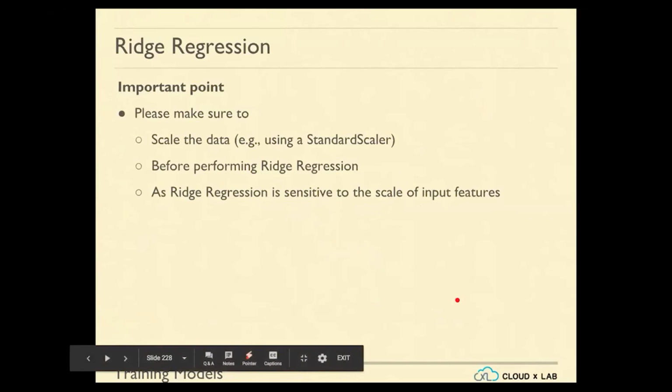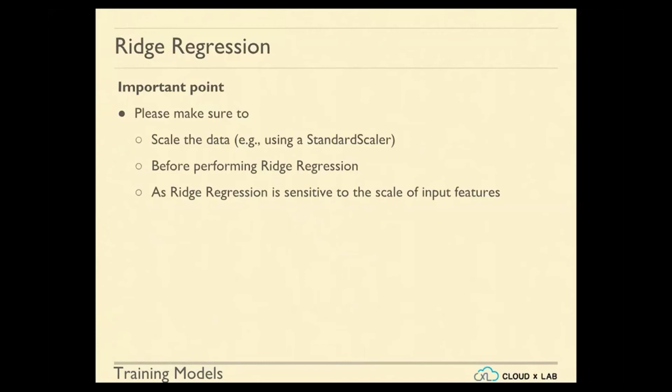One important thing with respect to ridge regression: when you are applying any of these regression techniques, make sure you scale the data using the standard scaler. Even min-max scaling is good enough; any of the scaling will do good before performing ridge regression, because ridge regression is sensitive to the scale of input features.